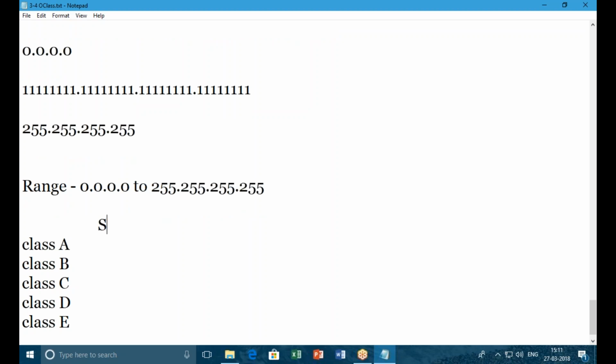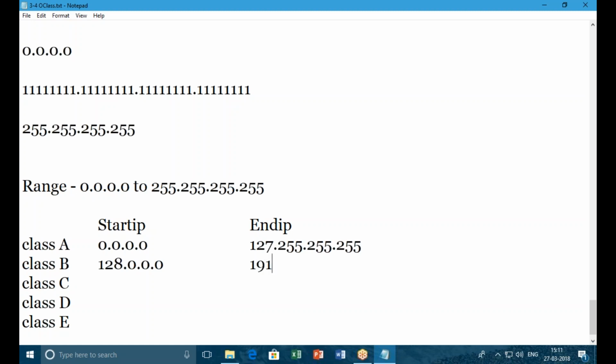Class A's starting IP is 0.0.0.0 and ending IP is 127.255.255.255. Class B range is 128.0.0.0 to 191.255.255.255.